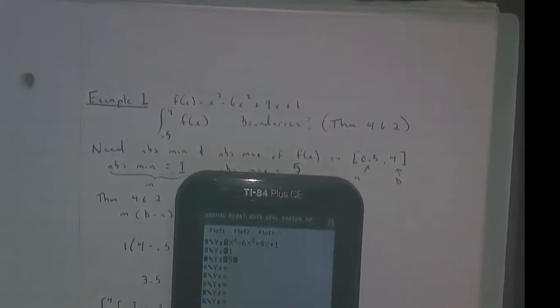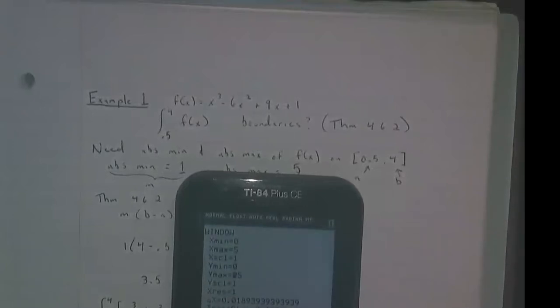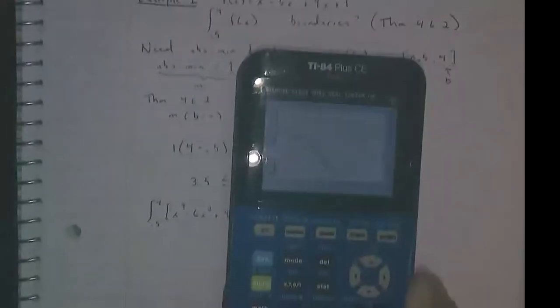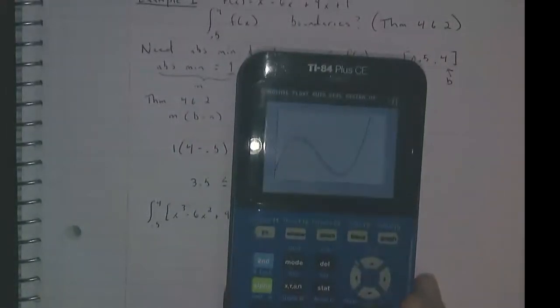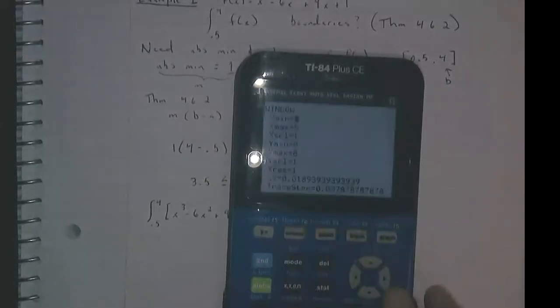And then see what our window looks like. No, that's kind of gross. We'll take a smaller window there, much less y. Let's do like 8. And actually, let's bound this too. Let's just go from 0.5 to 4.